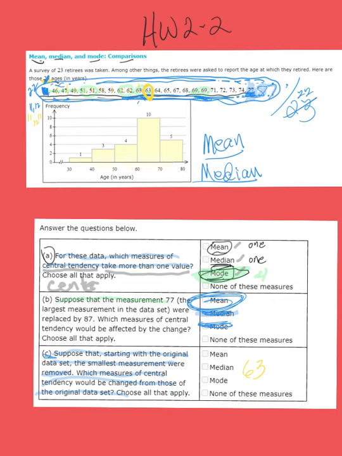So now there's 22, I go to 1, 2, 3, 4, 5, 6, 7, 8, 9, 10, 11. So here's 11, and here's 12, and I find the number between them. That'd be 63 and a half. So they are going to be different.